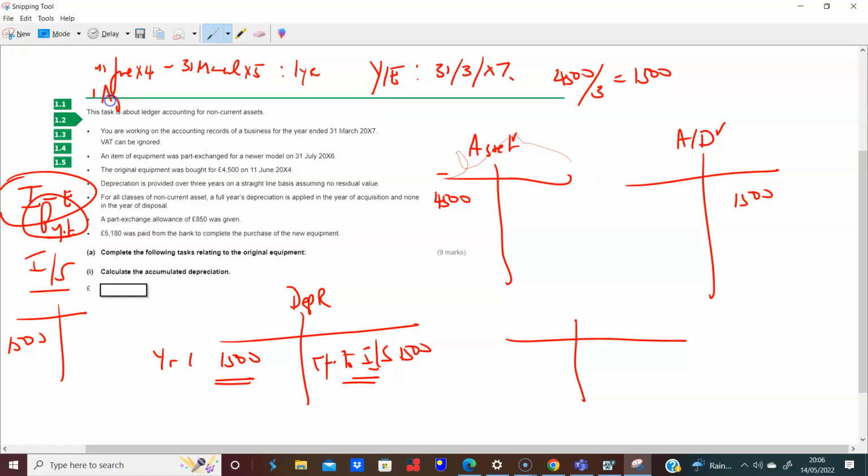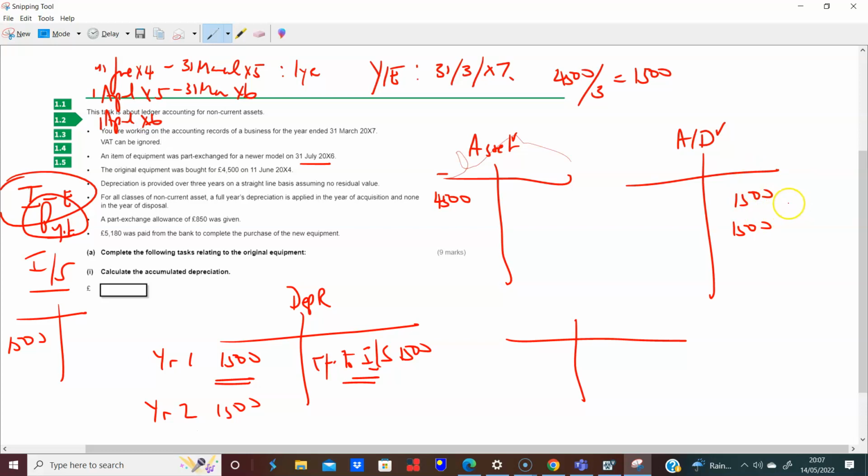So we have 1st of April, X5, to the 31st of March, X6. We have another 1,500 for year 2, and we have 1,500 as well, right? We sell this on the 31st of July. As at the 1st of April, X6, this is our accumulated depreciation.